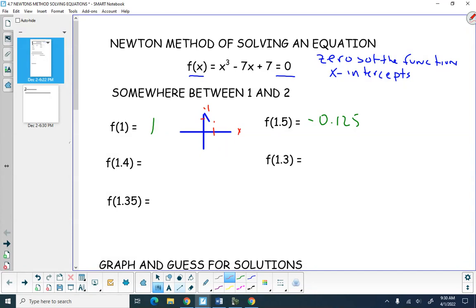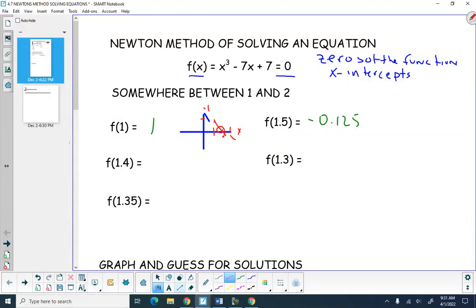At the value of 1.5, we are down here, which tells me if I am positive here and negative here, I have to cross the x-axis somewhere in between those two values. If I go from positive to negative, I have to go through 0.